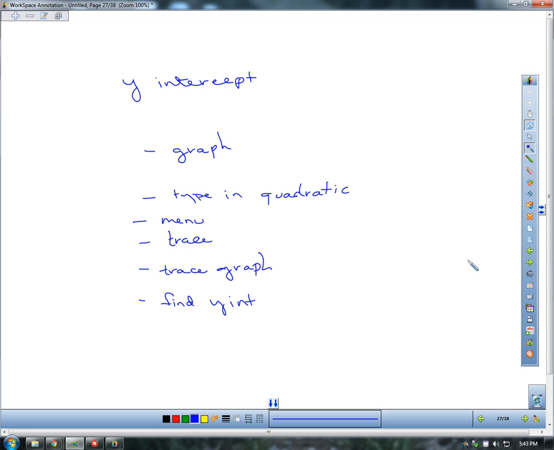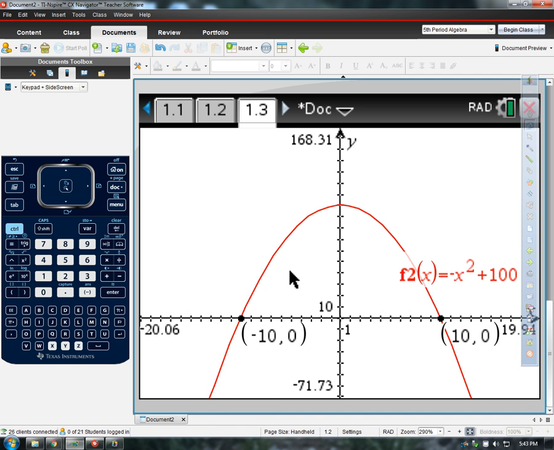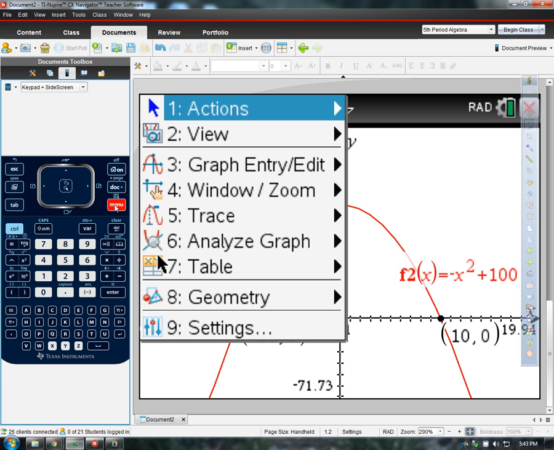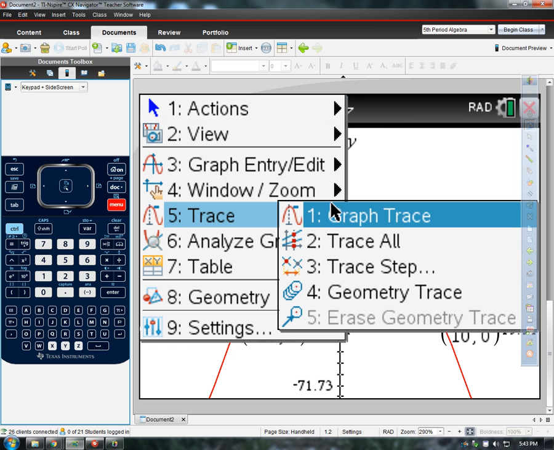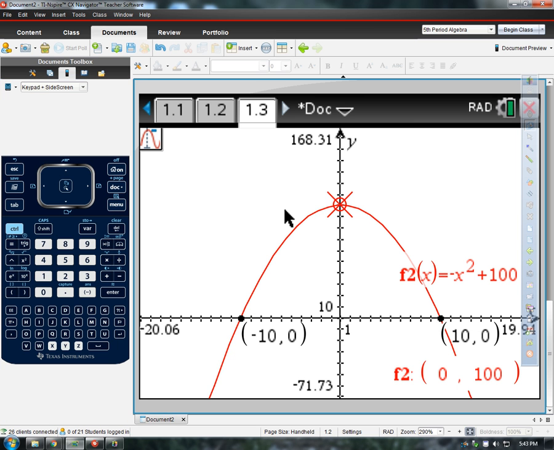The y-intercept we can find by doing graph, type in the quadratic, trace graph, and find the y-intercepts. Let me show you how that works. Let's find the y-intercept of this one. So I've already typed everything in, and now I'm going to go to trace, graph trace, and if I hit left, it's going to go down my parabola, but looking at my graph, I know my y-intercept should be right about here.